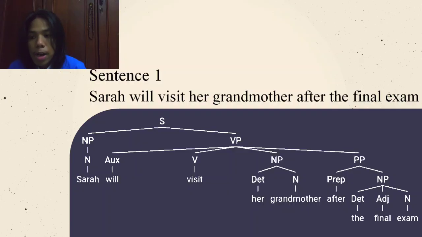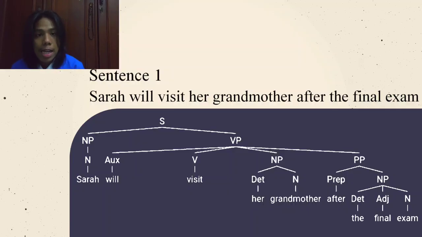Here, the noun phrase consists of the determiner "her" and the noun "grandmother." Here "her" is a determiner. It's called a possessive determiner, or we can say possessive adjective.